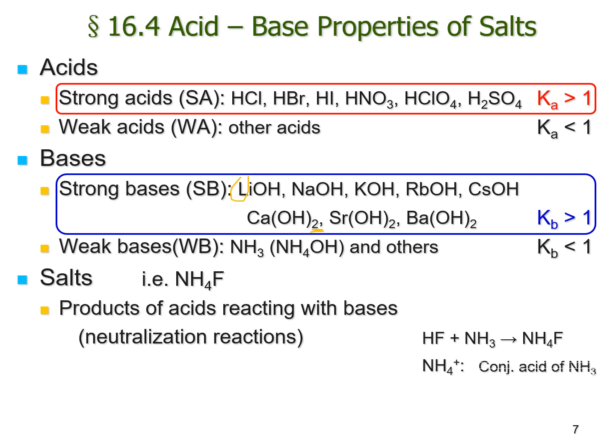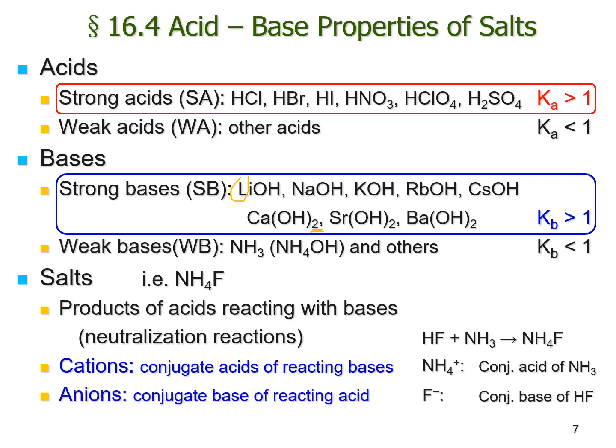All right, now if you look at the cation ammonium with ammonia, we realize the ammonium cation is the conjugate acid of ammonia. So this is what a cation is: a conjugate acid of something. And what about an anion? An anion is the conjugate base of something.